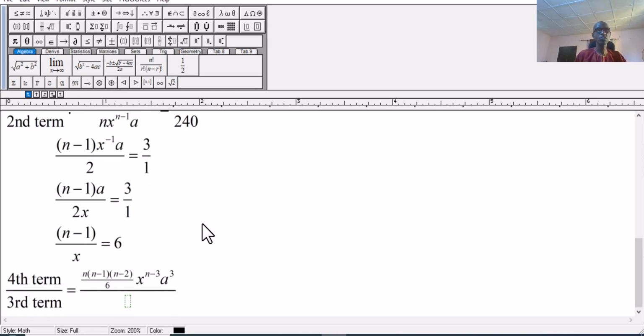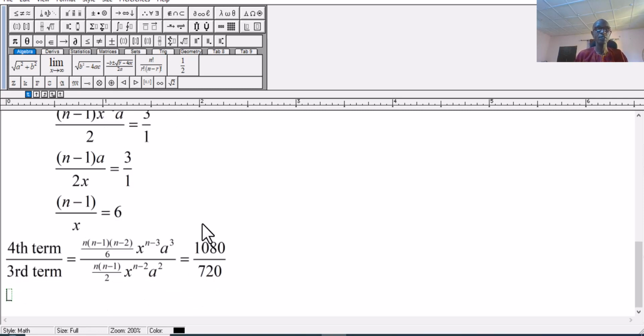For the third term, you have n(n-1) all over 2, then x^(n-2) a squared, equal to 1080 all over 720. So we have that.